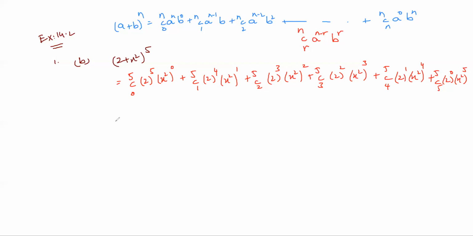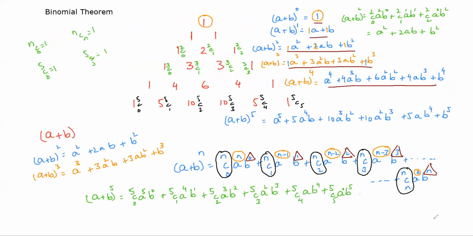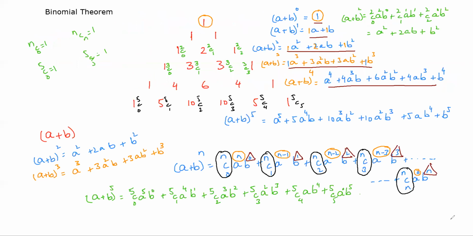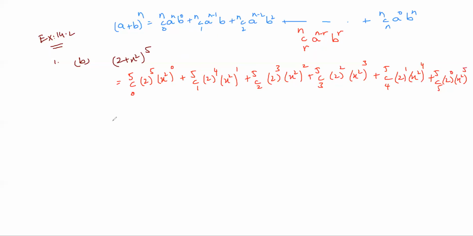Okay? If you remember that Pascal's triangle in the previous page, you can save your time by not using the calculator: 1, 5, 10, 10, 5, 1. So I'll be writing this as 1 into 32 into 1, plus 5 into 16 into x squared.